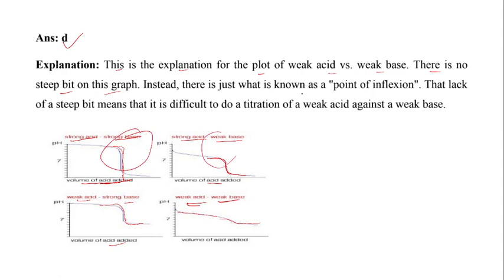Instead there is just a point of inflection, and because the steep bit is lacking, it is difficult to titrate weak acid with weak base. That's why you are not getting any end point. So you cannot titrate weak acid with weak base, as it will not give you a reliable result. This is the limitation of this titration.